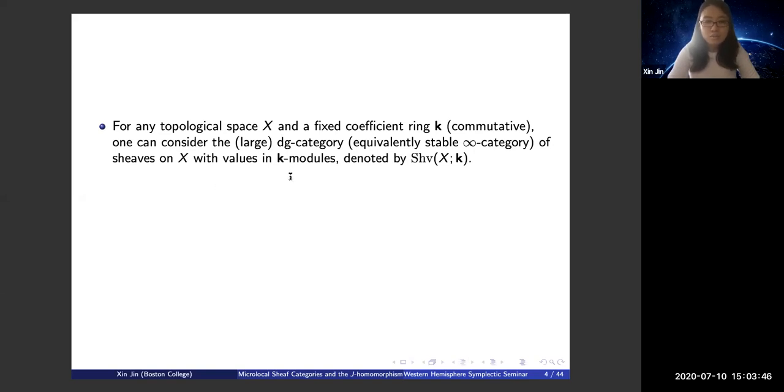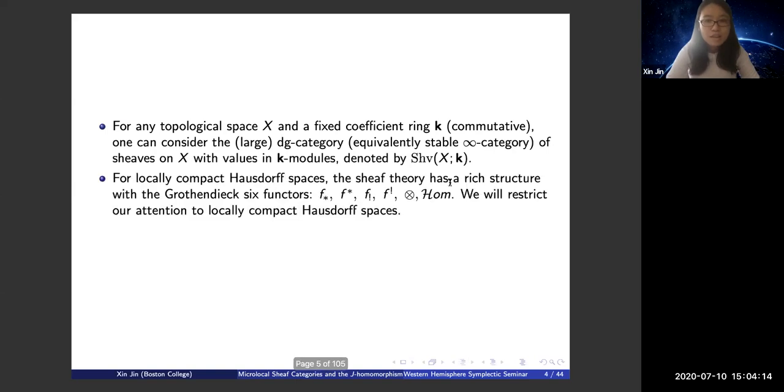When you have compatibility for restriction maps, then you naturally have a presheaf. And then the sheaf condition is some extra condition, a Mayer-Vietoris type condition. That means for a big open set, you can get the sections by gluing from sections on an open cover. Okay, so just a recap of the definition of sheaves.